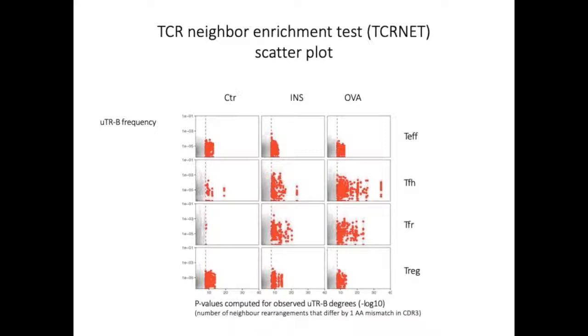What you can see on these slides is that, for example, in Tfh cells from mice immunized with ovalbumin, you have some degree of connection that you don't find in the other settings, but not so many expansions. So you can't really see the marked specific response we are waiting for.